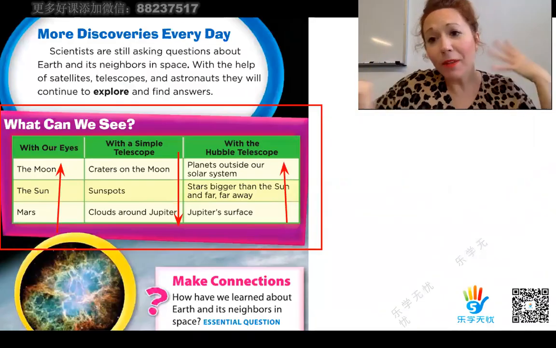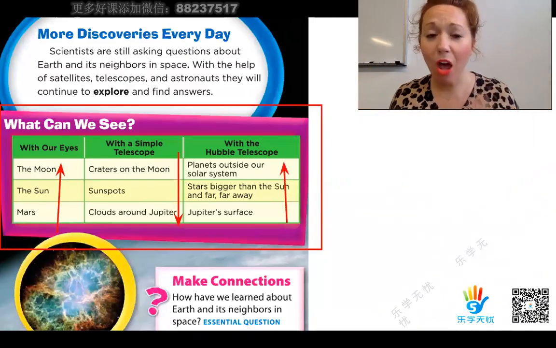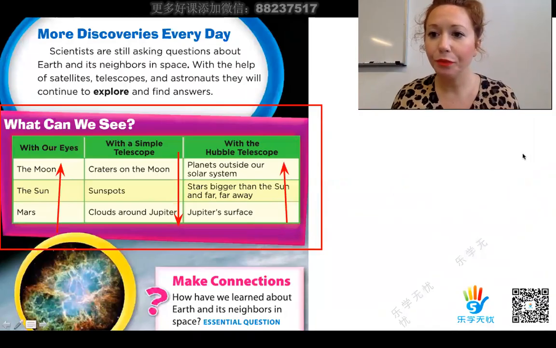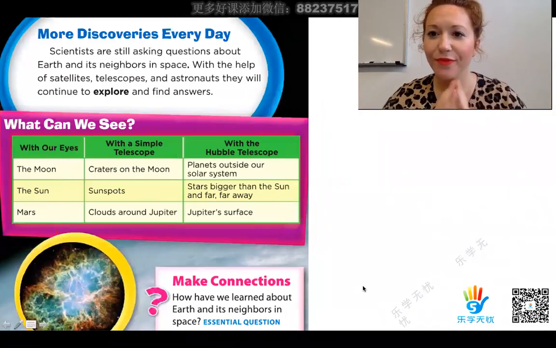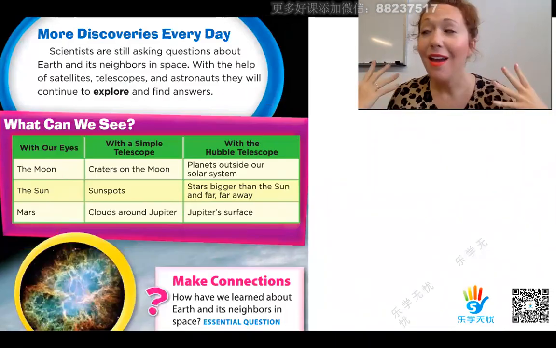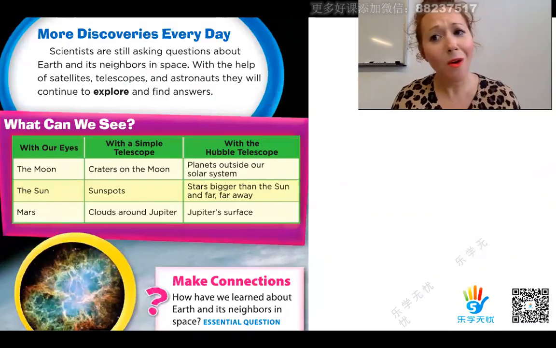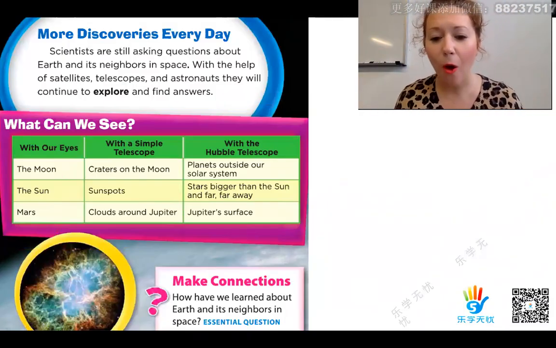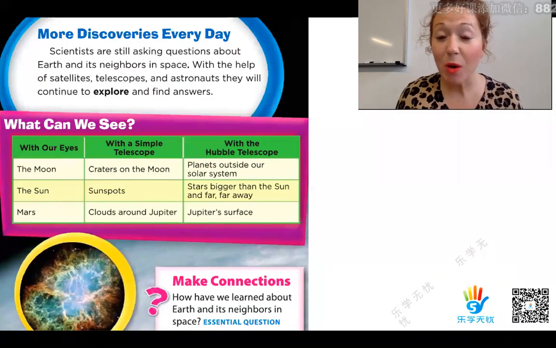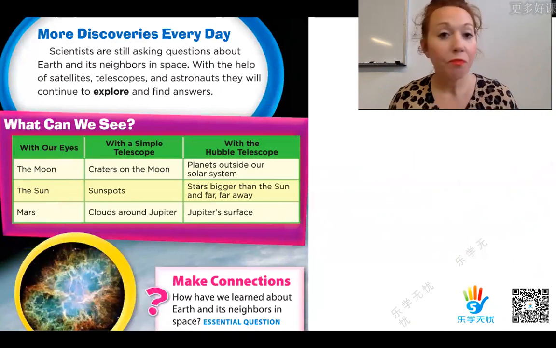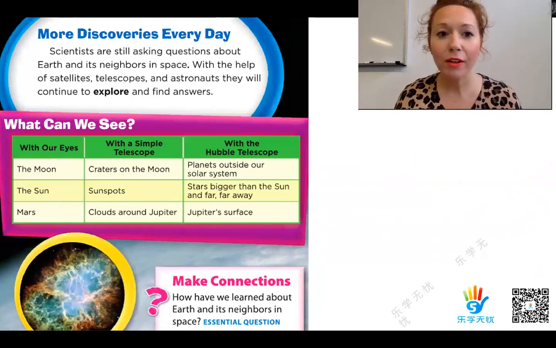So could you give me a summary of what we read about in our story today? Okay, so we could say in the beginning, Galileo made the first telescope that could see into outer space about 400 years ago. Later, scientists wanted to study and sent satellites into outer space. This collected a lot of information.